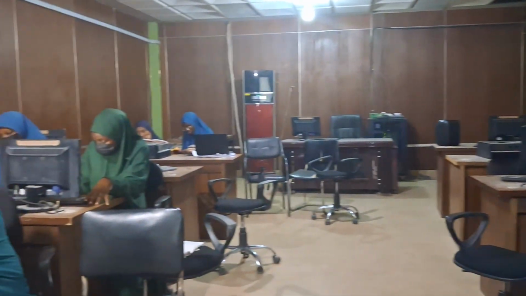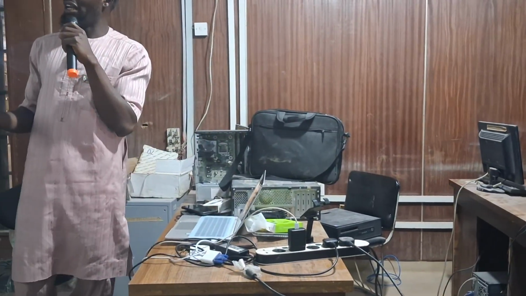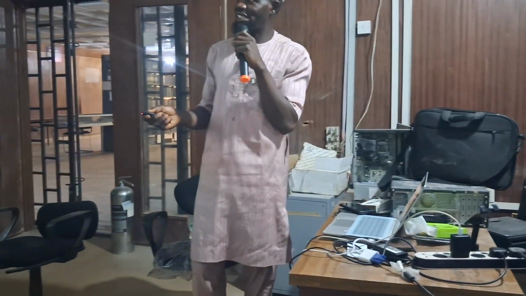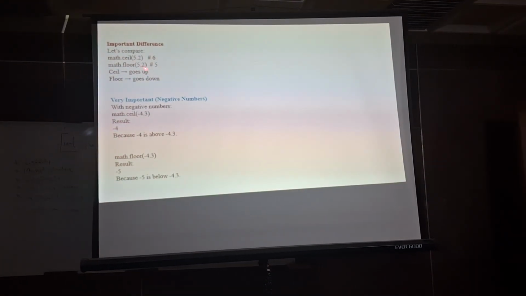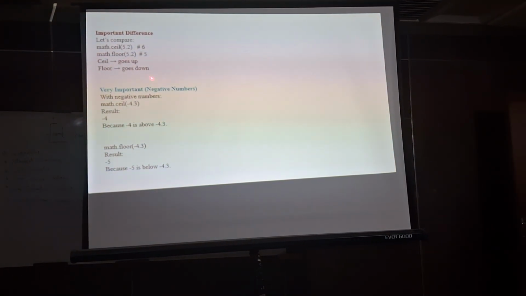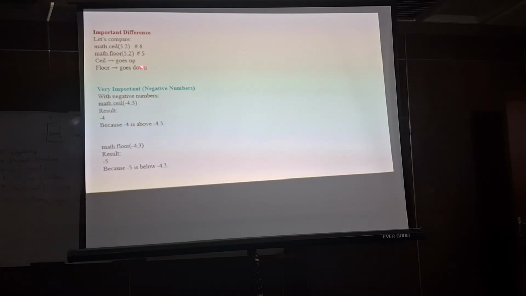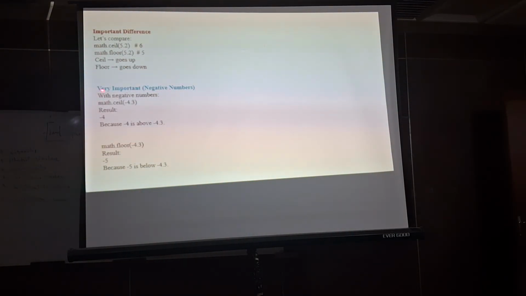Then the important differences. Let's compare: Math.ceil(5.2) is going to be 6. Math.floor(5.2) is going to be 5. We've done this. Ceil goes up, floor goes down.